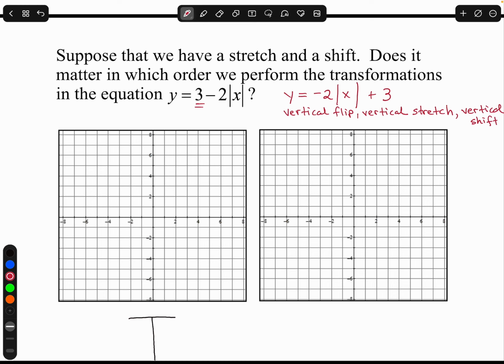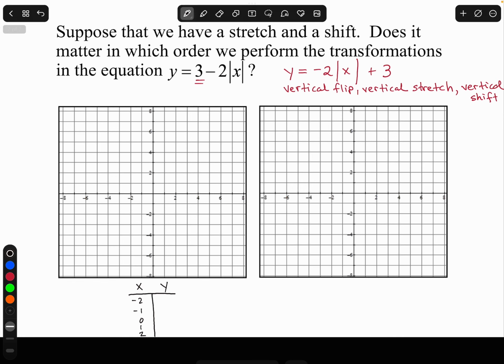So since we have multiple vertical things happening here, we want to make sure we're careful when we're building our tables. So let's go ahead and build our original table. We're going to do it on the left side. So we have negative 2, negative 1, 0, 1, and 2. I know it's really small down there. Sorry, I'm right at the edge of the paper. But when we take the absolute value, we'd have 2, 1, 0, 1, and 2.